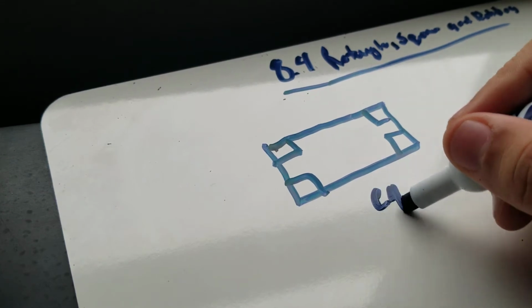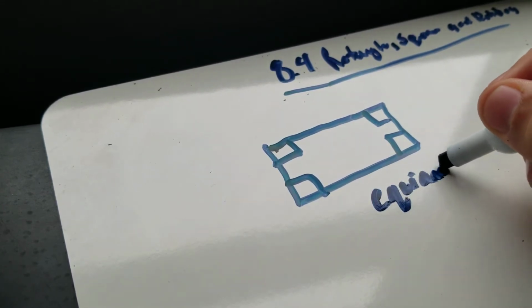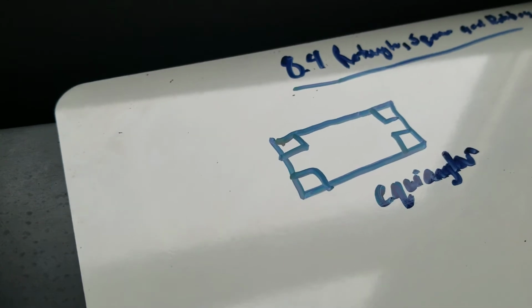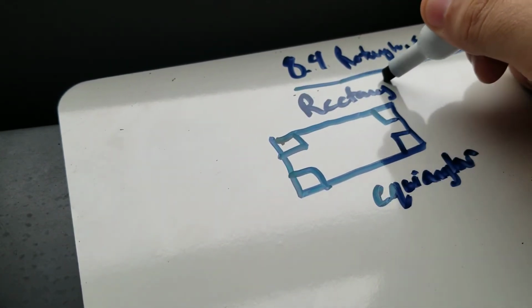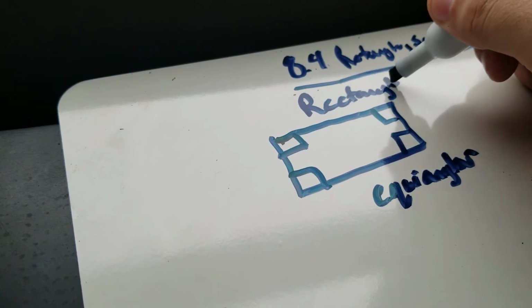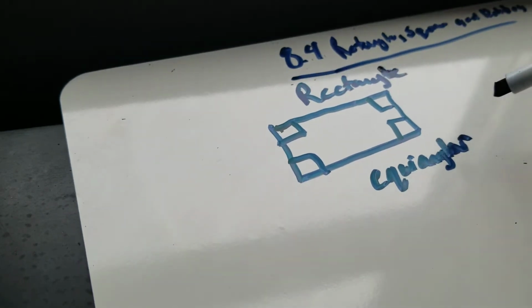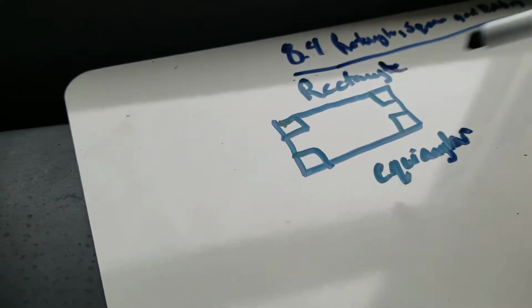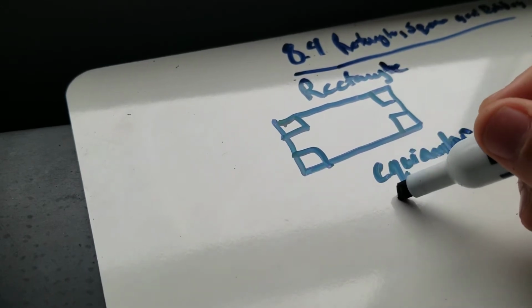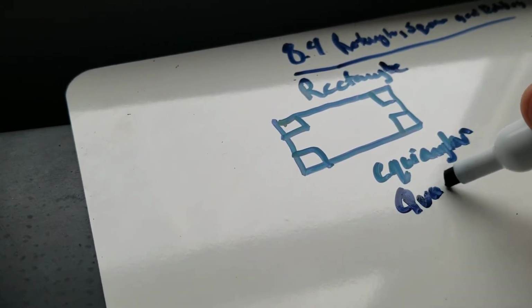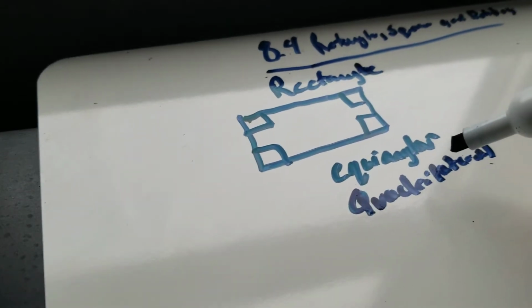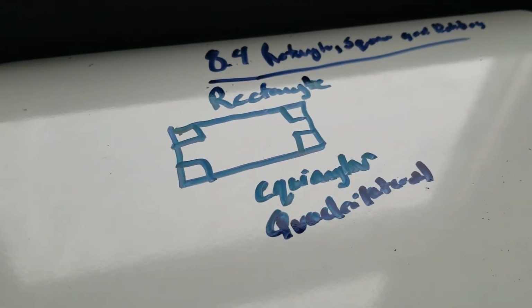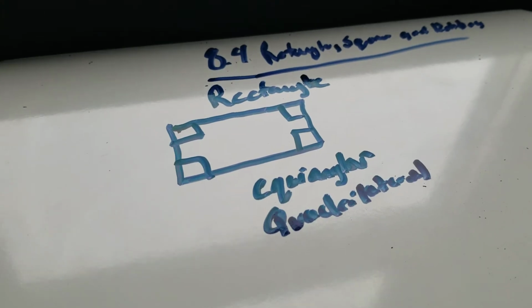So a rectangle is by definition an equiangular quadrilateral.